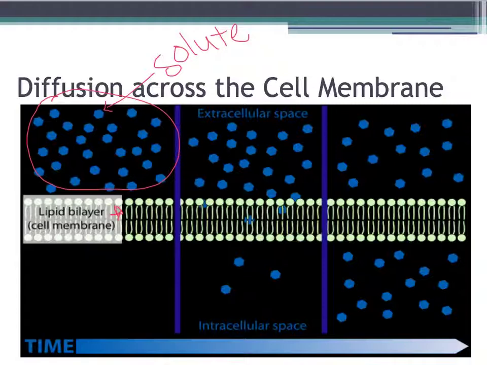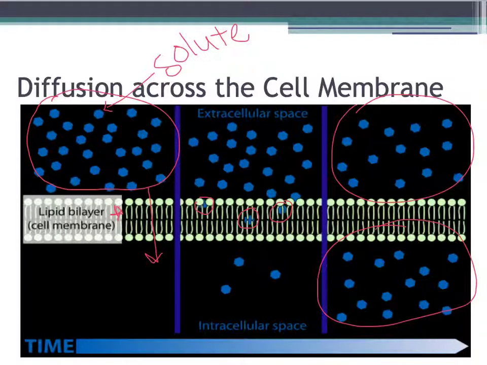They're going to move from an area of high concentration to an area of low concentration. And so eventually you get some of these solutes in the solvent moving across the lipid bilayer to equalize. You see, as time goes on, eventually we would anticipate that the concentrations here are the same.